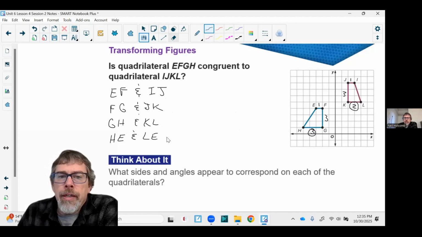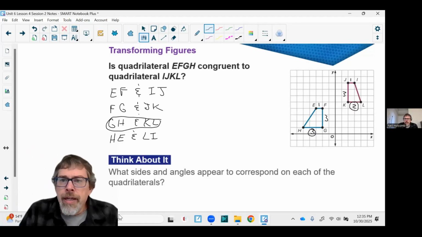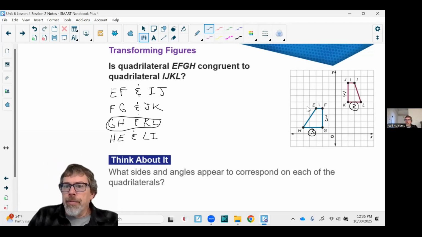Oops, not LE, LI. And this one here, that group, HG and KL, are not congruent. One's only 2 long and one's 3.